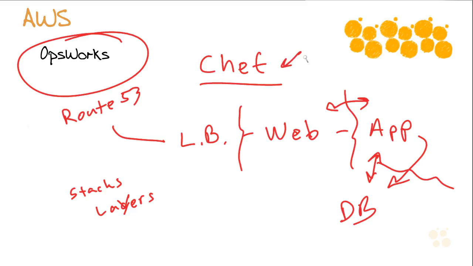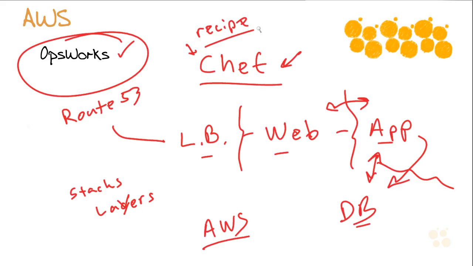Chef takes our infrastructure, our sophisticated infrastructure for a web-based application, and turns it into code. This code we can use OpsWorks to run against Amazon Web Services and automate the creation of all this stuff. By the way, in Chef terminology, this code is called nothing other than a recipe, just like we would have in the kitchen when we're a chef and we're cooking.